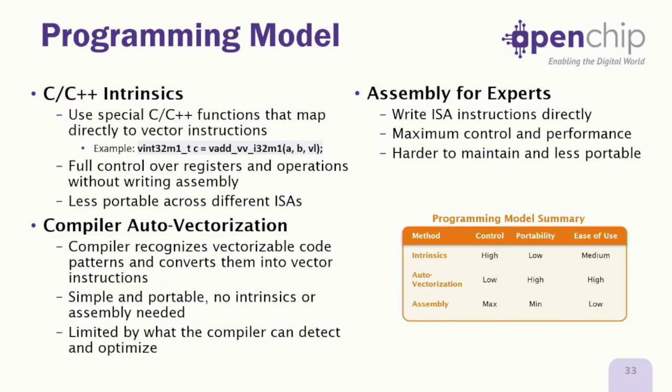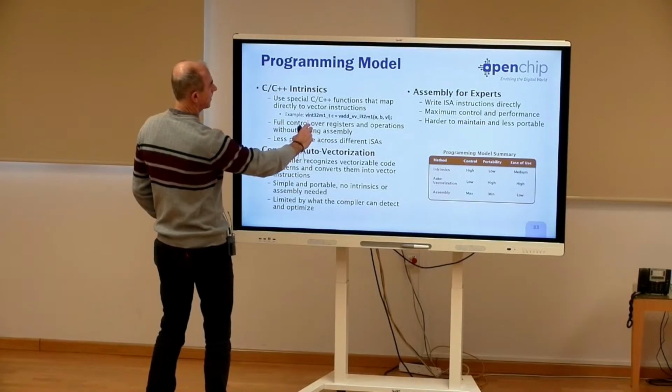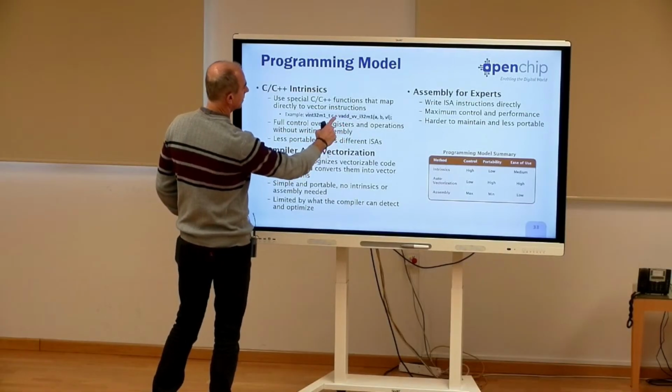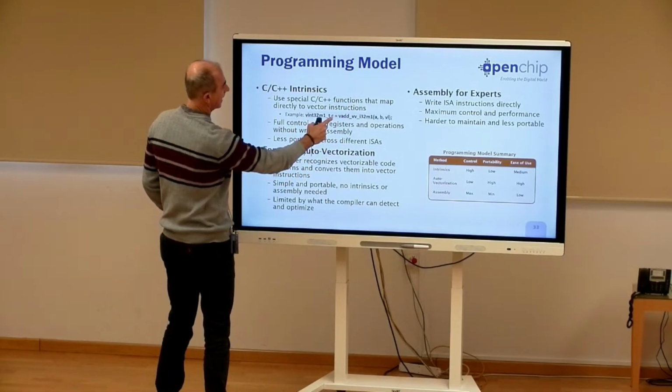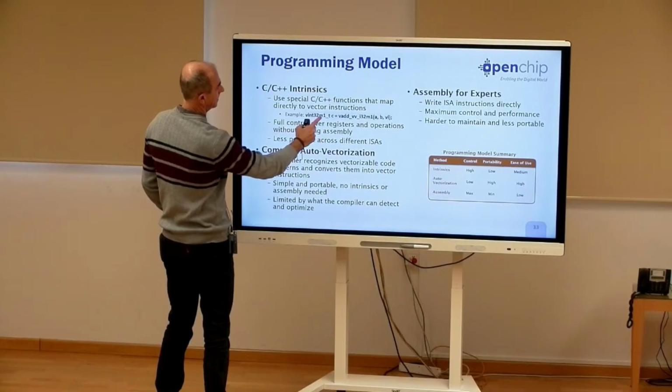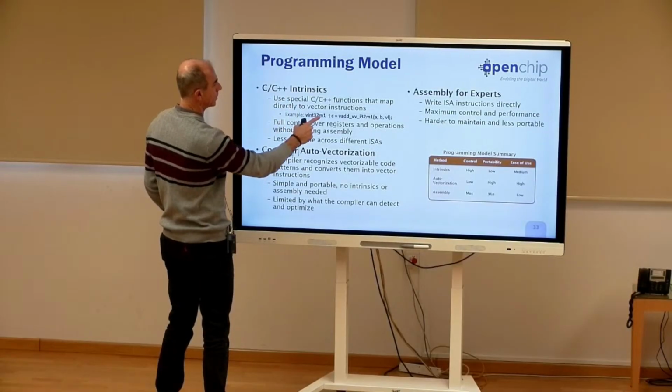You can use 3 ways of writing your code. You can use the C++ intrinsics, which are specific functions that map directly to vector instructions. For example, I put an example here. You can add this high-level instruction which says I have a C vector, which is this type in C, a new custom type, because it's a 32-bit register with LMUL equal to 1.